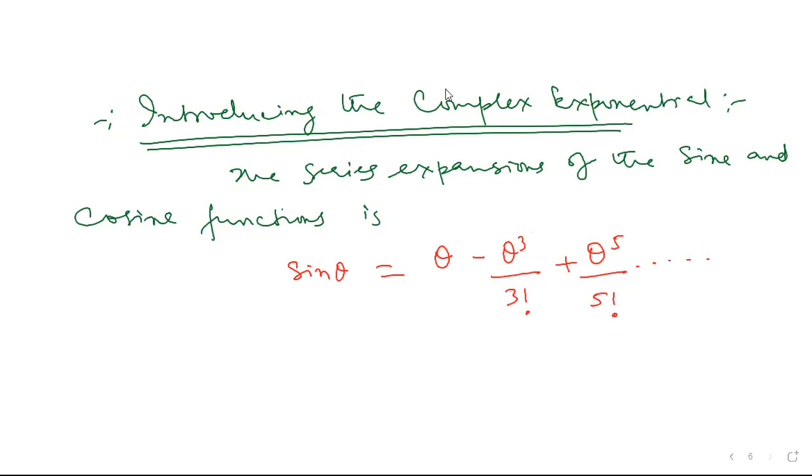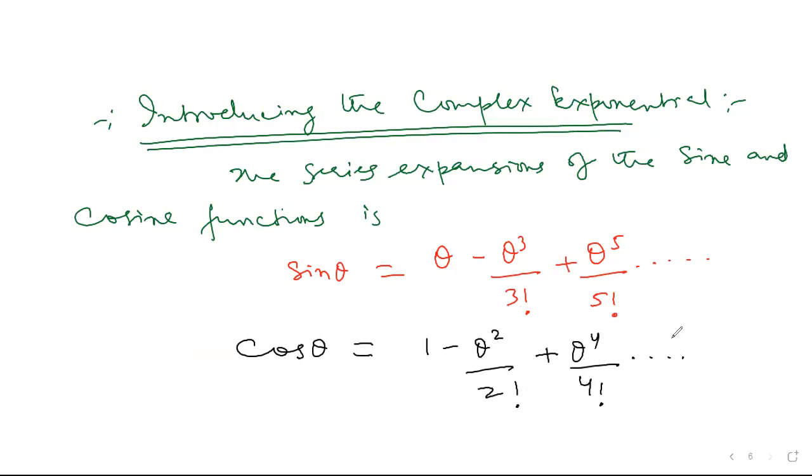Similarly, cos theta is written as 1 minus theta square by 2 factorial plus theta raised to 4 by 4 factorial and so on.